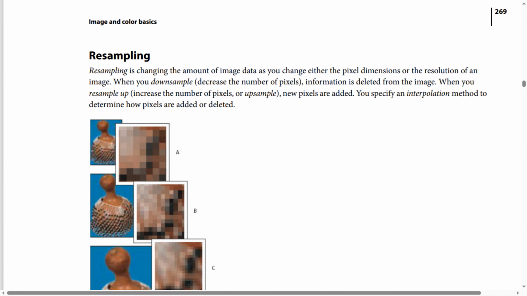And so what about resampling? Resampling means changing the amount of image data as you change either the pixel dimensions or the resolution of an image. When you downsample, decreasing the number of pixels, information is deleted from the image. When you resample up, increasing the number of pixels, or upsample, new pixels are added, and you specify an interpolation method to determine how pixels are added or deleted.